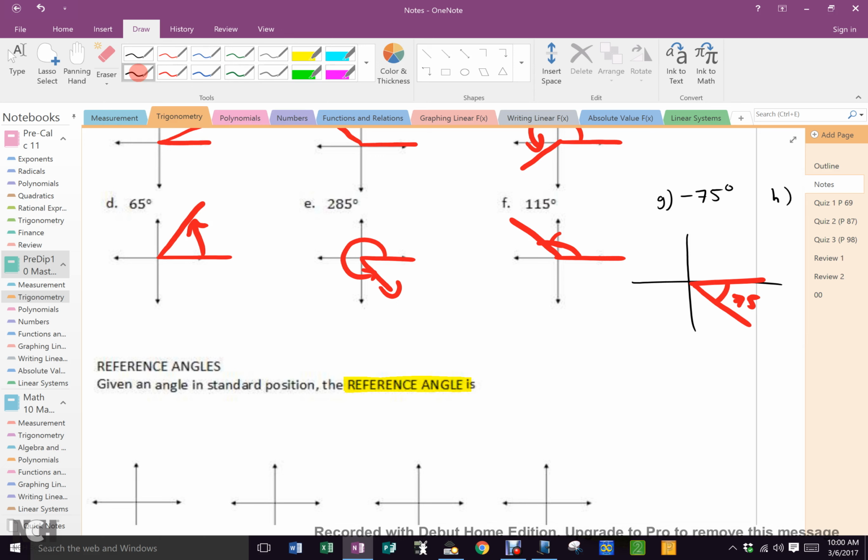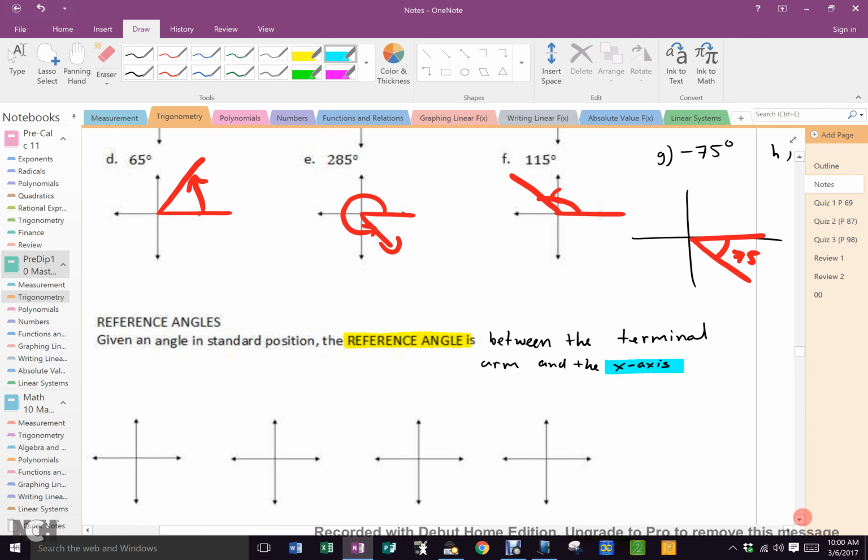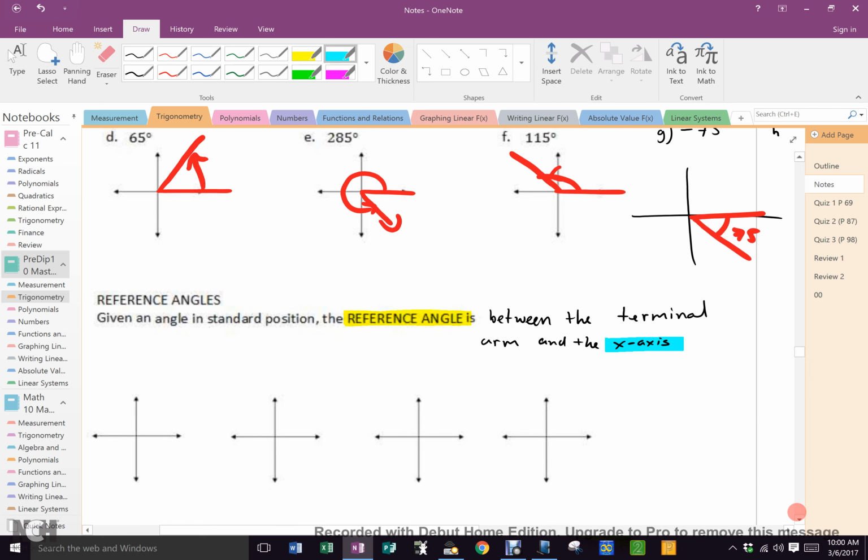And the reference angle is between the terminal arm and the x-axis. All right? Everybody understand?